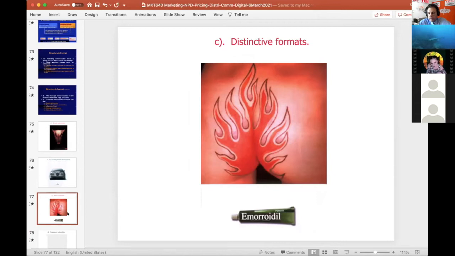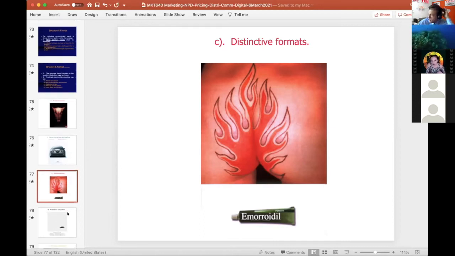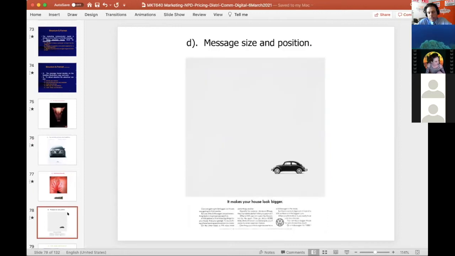So you have to be very creative, and you have to do it in a way that they get the message, they remember the message, but at the same time, it's not offensive. So this ad, when it was launched, won many prizes for people remembering what it was in a non-negative way, I suppose.